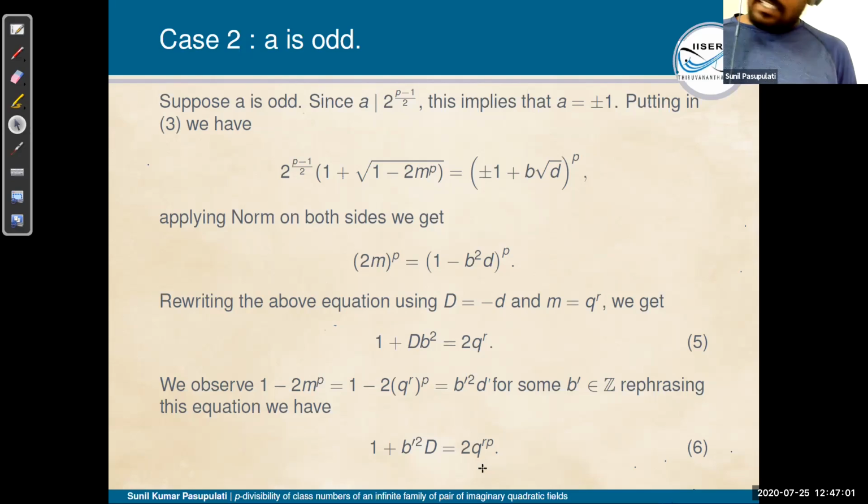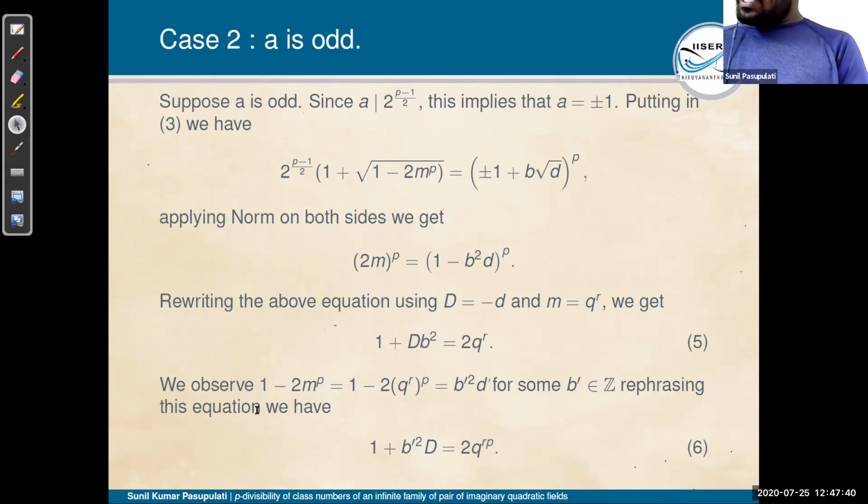We just rewrite this equation, considering capital D is equal to minus d and m as a power of prime q. We'll have 1 plus db square is equal to 2m to 2 q power r. And as I said in the starting, since 1 minus 2m power p is equal to 1, this d we have taken to be the square root part of 1 minus 2m power p, which means I can write 1 minus 2m power p is equal to some b dash square into d.